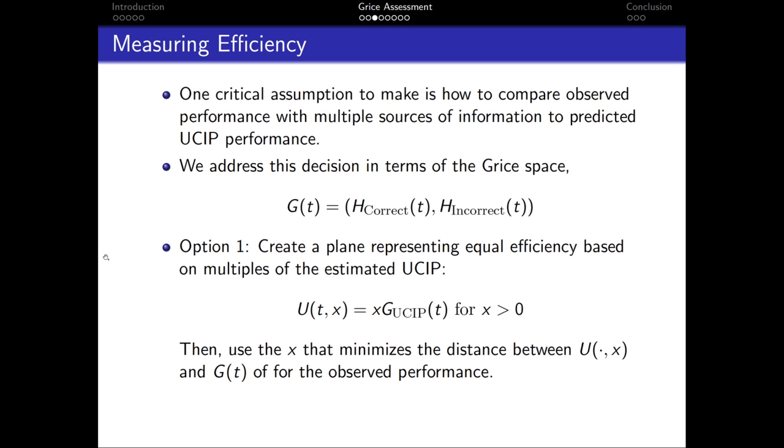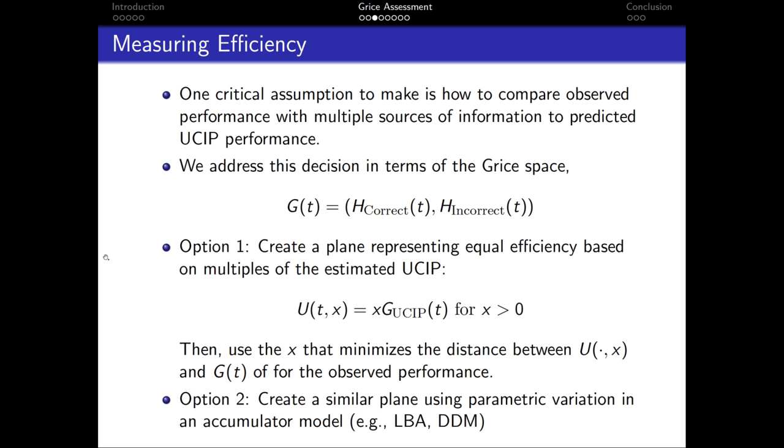So effectively that carves out a plane in that two-dimensional space. And then we can use whatever the x is that minimizes the distance between the USIP prediction model at x and that Grice parametric curve for the observed performance.